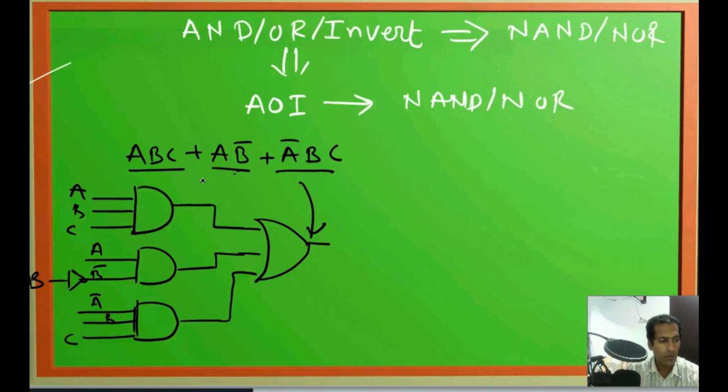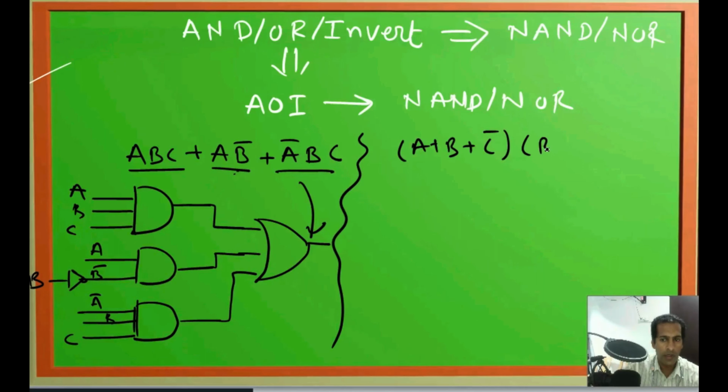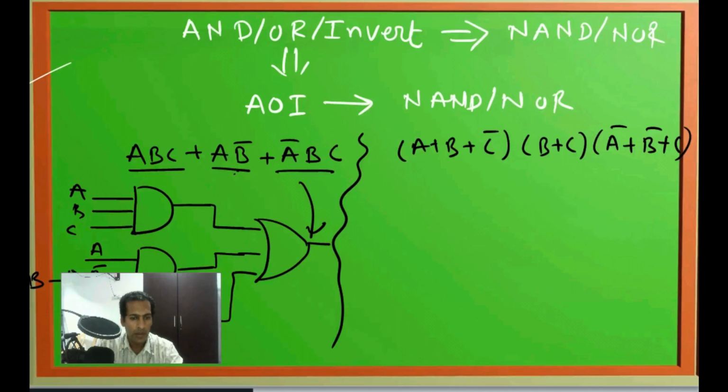Now in POS form, suppose the expression is A plus B plus C bar, and B plus C, and A bar plus B bar plus C. We can implement it using OR and AND gates.